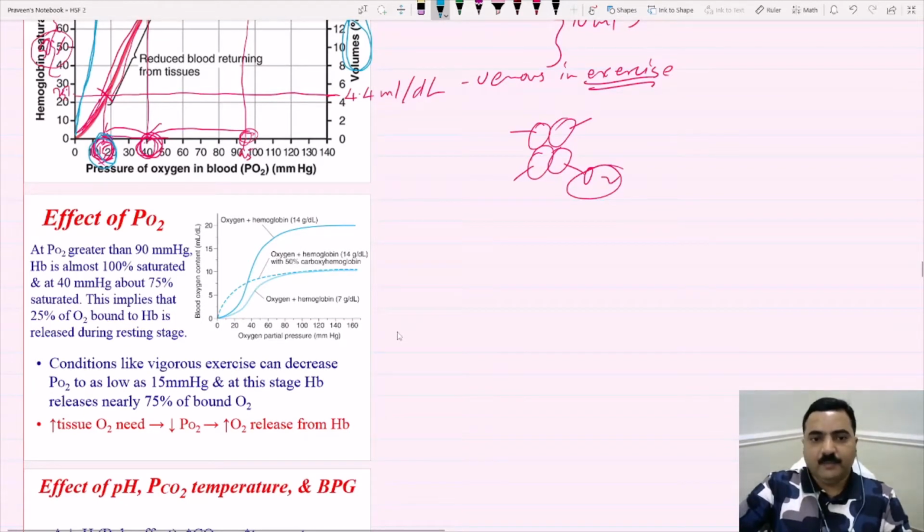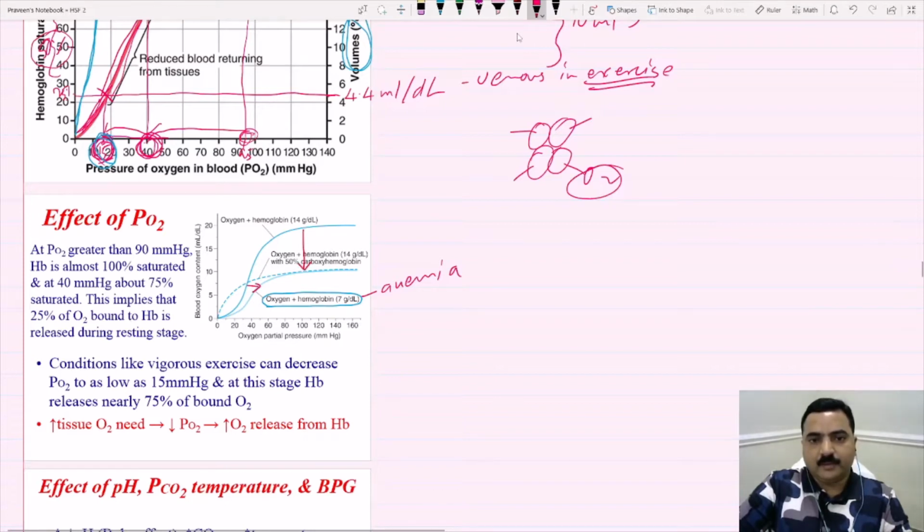Over here, this is with 7 grams per deciliter, so this is with anemia. In anemia, the curve will fall down; it will shift to the right and fall down.